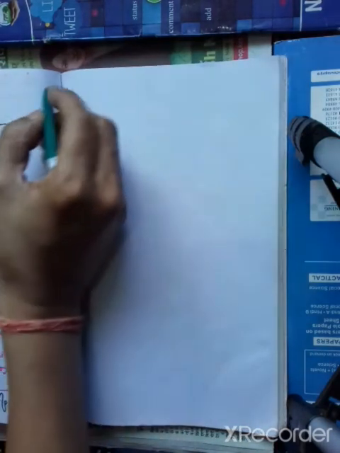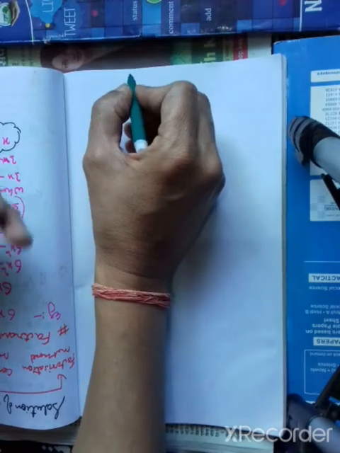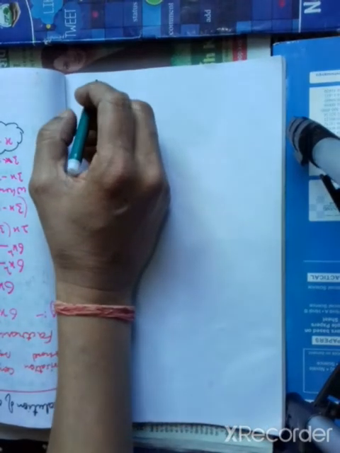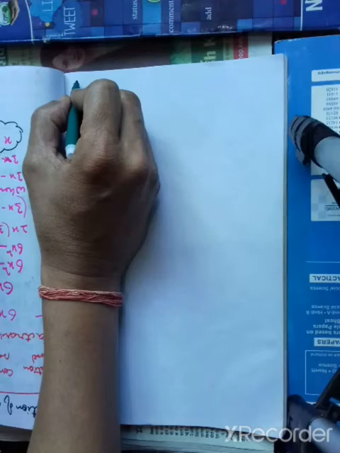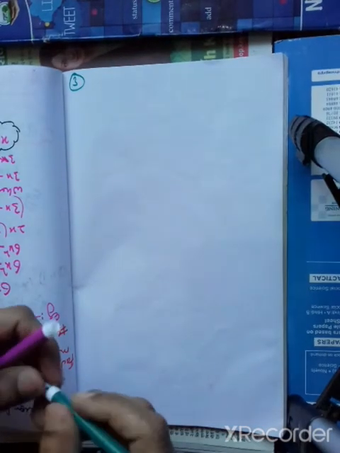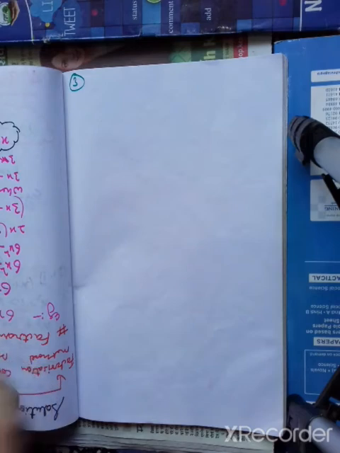Question number 3, exercise 4.2. So question number 3 is what? Find two numbers whose sum is 27 and product is 182. So there are two numbers whose sum is 27 and product is 182.